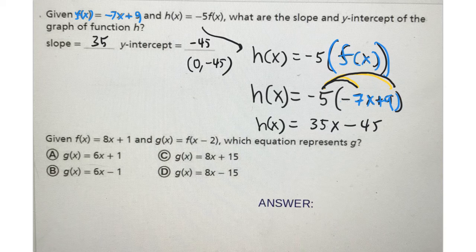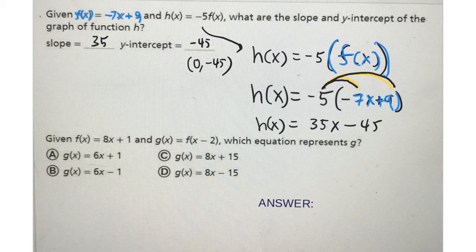All right, given f of x equals 8x plus 1 and g of x equals blah, blah, blah, which equation represents g? This one was a little bit more straightforward because it's like negative 5 times f of x, right? This is just normal looking, whereas this is f of x minus 2.